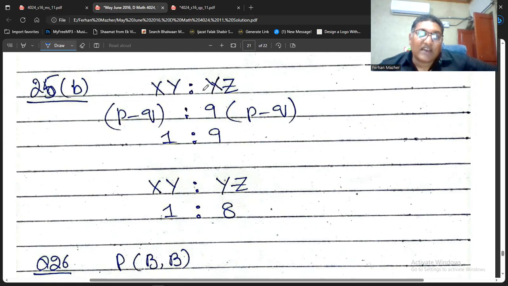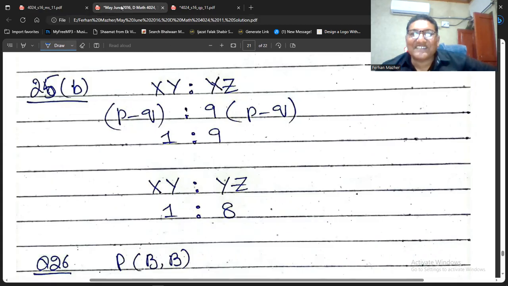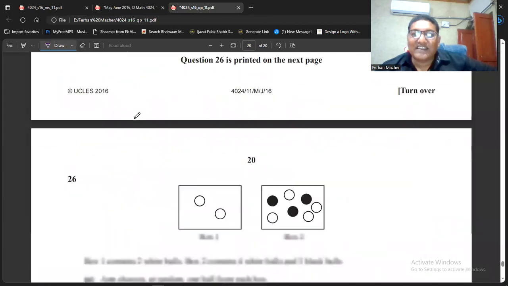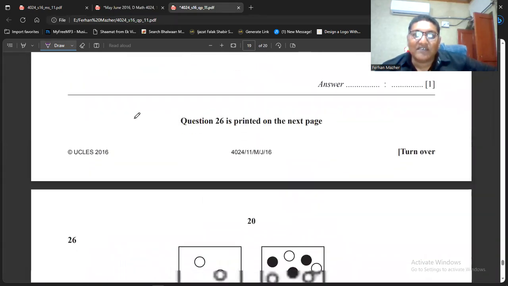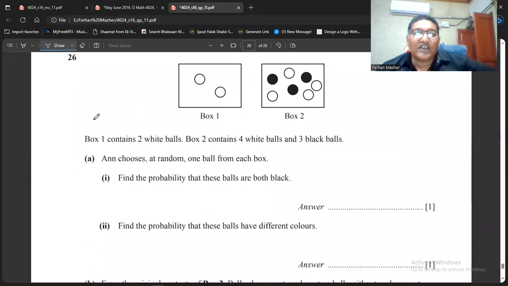So that's the ratio of XY to XZ. So the ratio XY to YZ will be 9 minus 1, that is 8. So it is 1 to 8. A little tricky question. I hope you understand this question. That was question number 25. Hopefully you know how this is done.